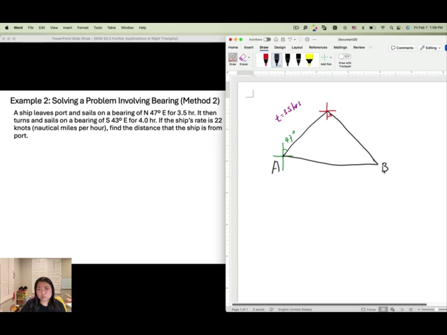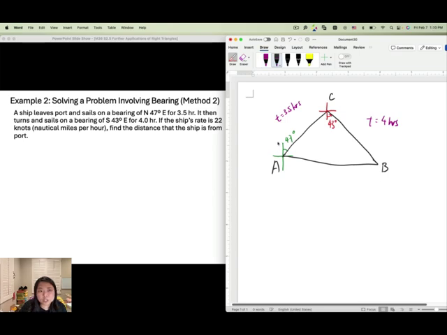I'll call this the B, and this point is going to be the C. The angle here will be 43 degrees. And they also use 4 hours, so this time is going to be 4 hours, the longer.